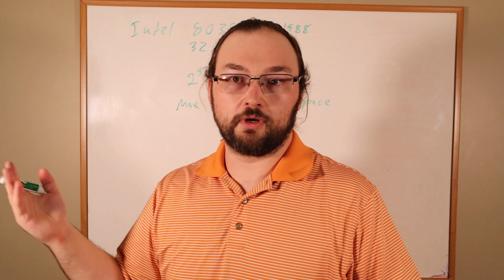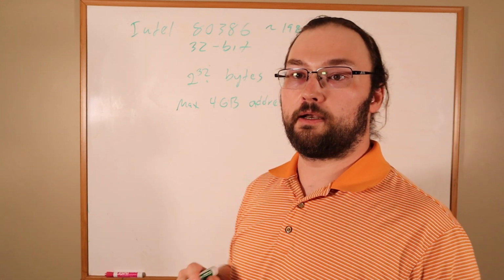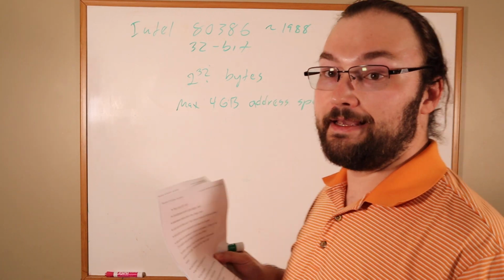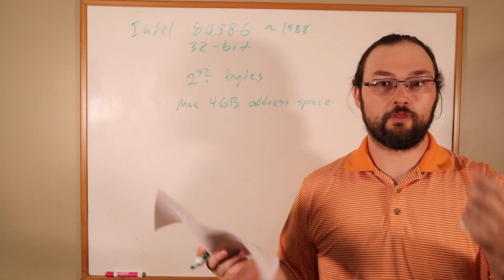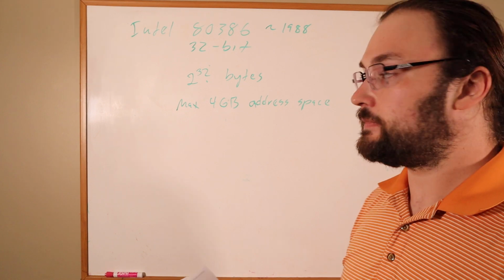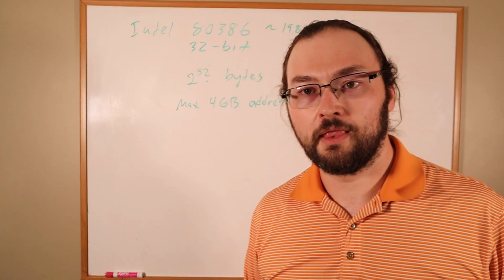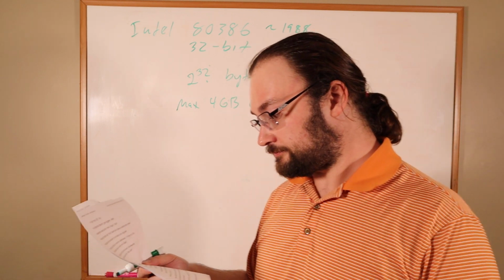Maximum addressable memory. You couldn't have more than 4 gigs in a 386. And for a 386, as released in the late 80s, that was fine. The first ones came with like 2 megs of RAM. So 4 gigs was plenty. 4 gigs later became a problem, but we're not quite there yet.